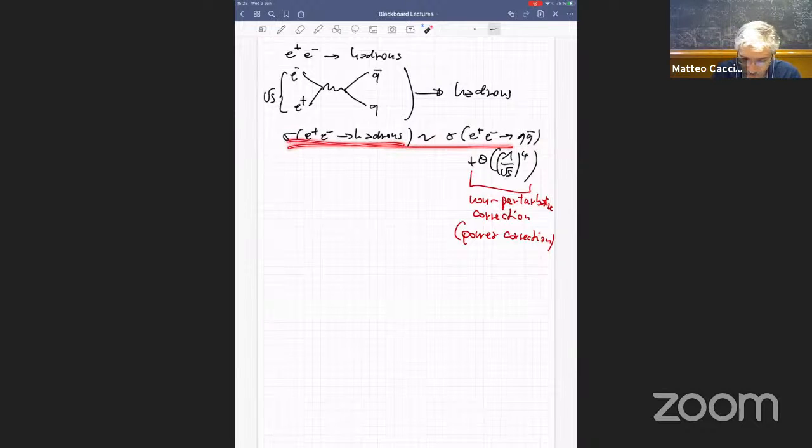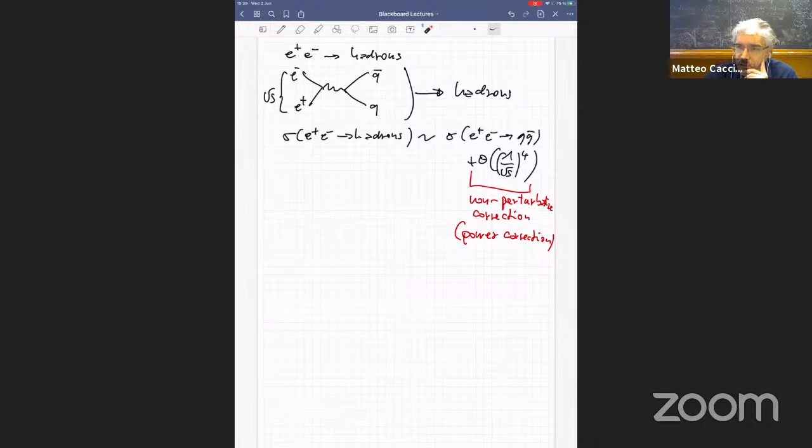And it is precisely through this process and this prediction to a certain order in perturbation theory that LEP was able, for instance, to measure alpha strong at the scale of the Z mass. So keep in mind that there are corrections, but by and large, for all practical purposes, you can consider that sigma e+ e- to hadrons is actually the same thing as sigma to q qbar plus perturbative corrections.